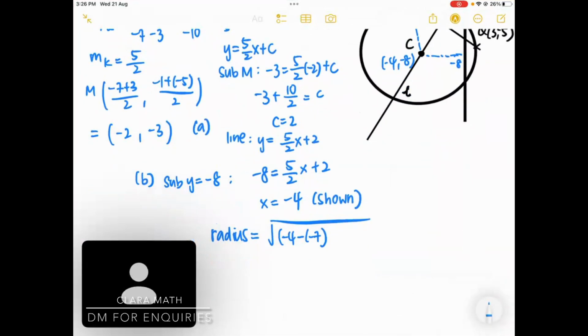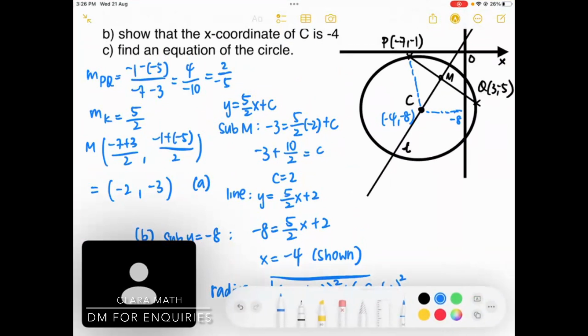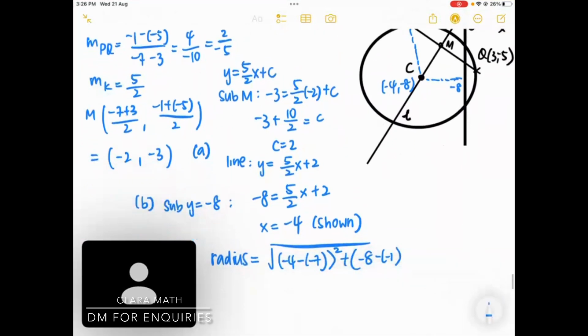This one is minus 7, and then I must bracket square plus minus 8 minus 1 square. No, I must bracket first. Square. Yeah, then the whole thing square root. So maybe I don't type the square root first, I type what's inside the square root. Square. Okay, in the square root is 58.